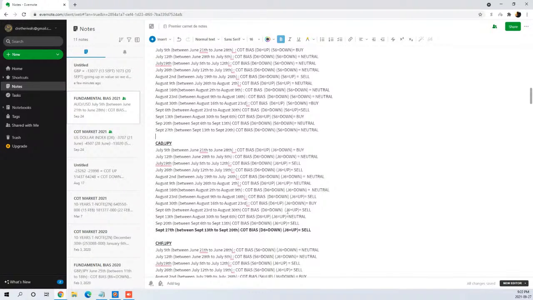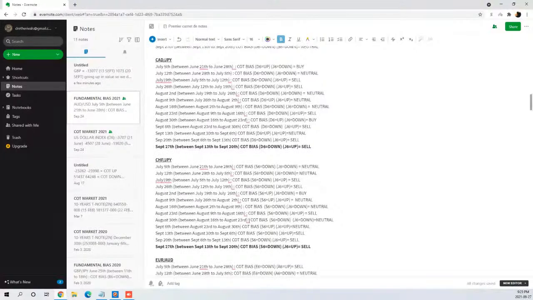CAD JPY, like we said, JPY is going up, CAD is going down. CAD is on the left side of the forex pair, so this is dominant to this currency, so we're selling it.